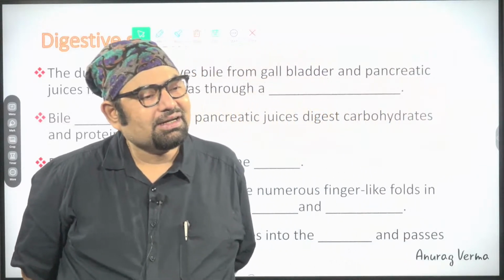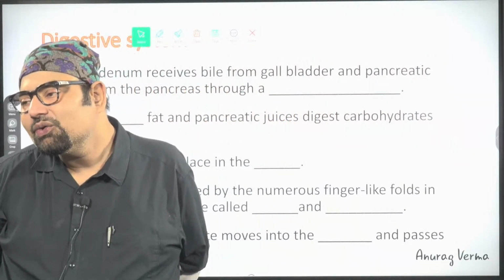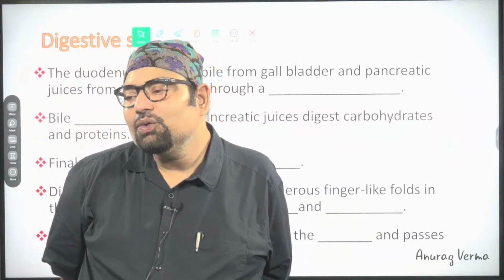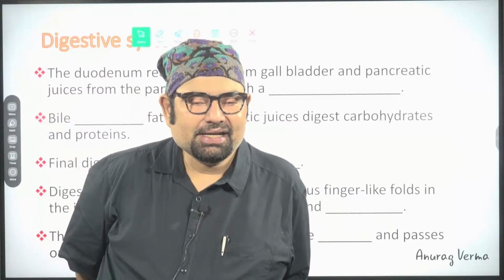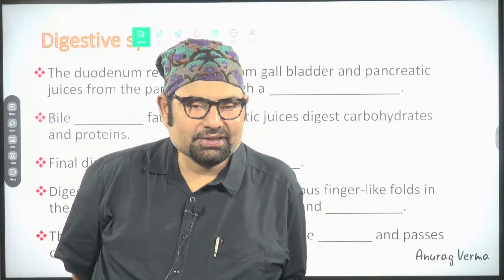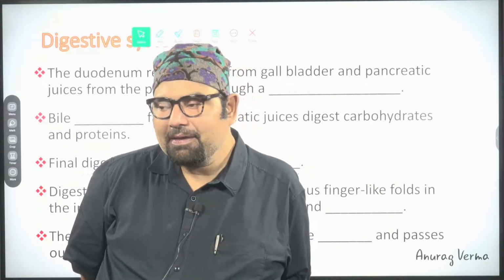Dear Dhanraj, this spelling is correct. Duodenum, D-U-O. Duo means two. Very good. Den means 10. And 2 and 10 means total 12. So duoden means 12.